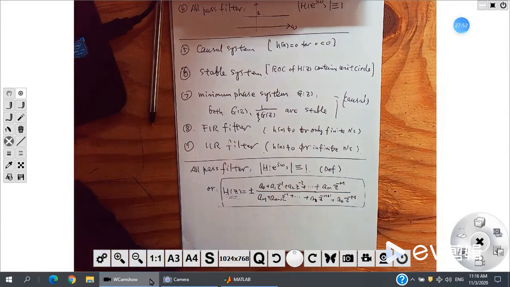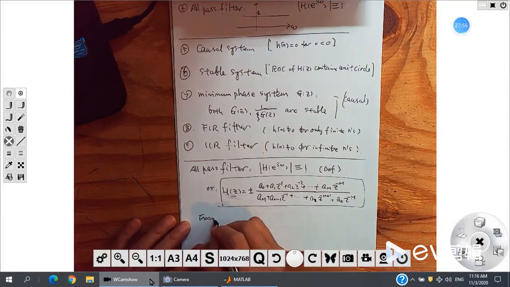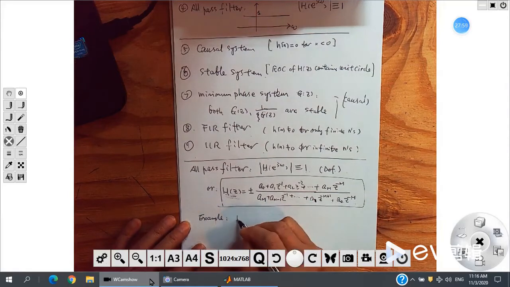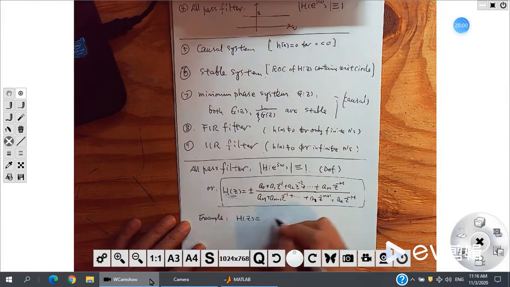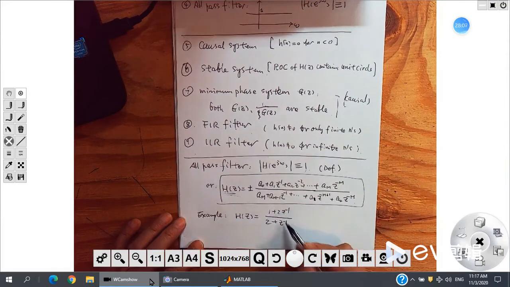We can see the magnitude of it. We can see a simple one firstly. Say H of z equal to 1 plus 2 z to the negative 1 over 2 plus z to the negative 1. Then according to this, it should be an all-pass filter, right? You just change the order of these two coefficients: 1, 2 in the numerator, and the denominator is 2, 1.